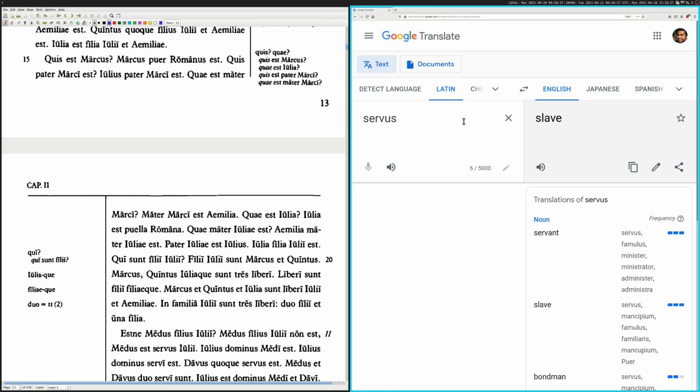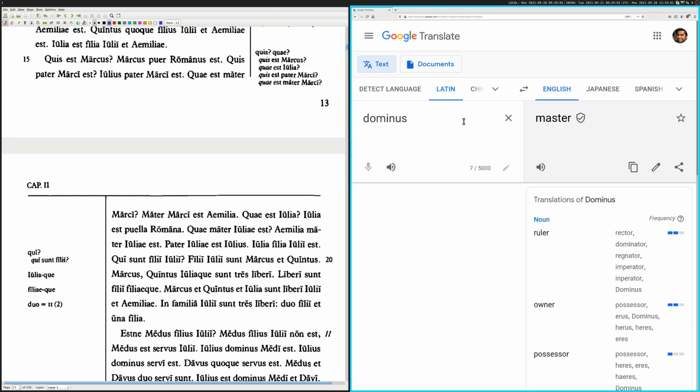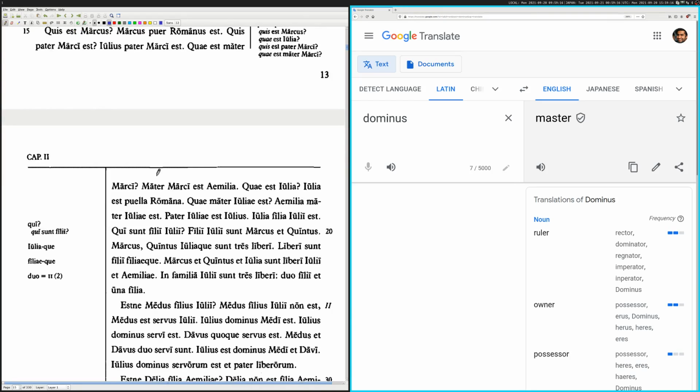Servus. Slave, okay, yeah. Dominus. Master, okay. Medus is the slave of Julius. Julius is the master of Medus. Julius dominus servi est.